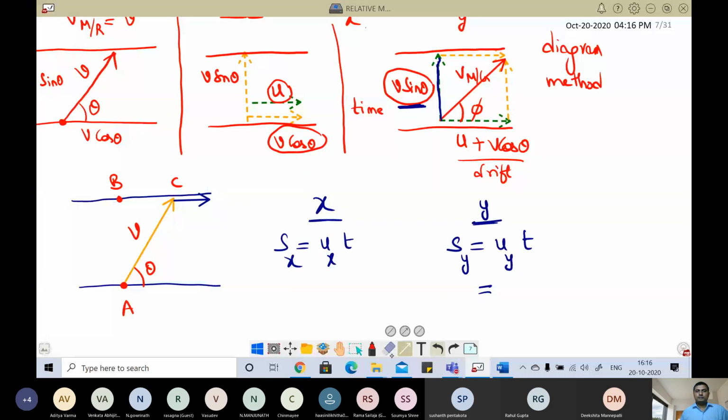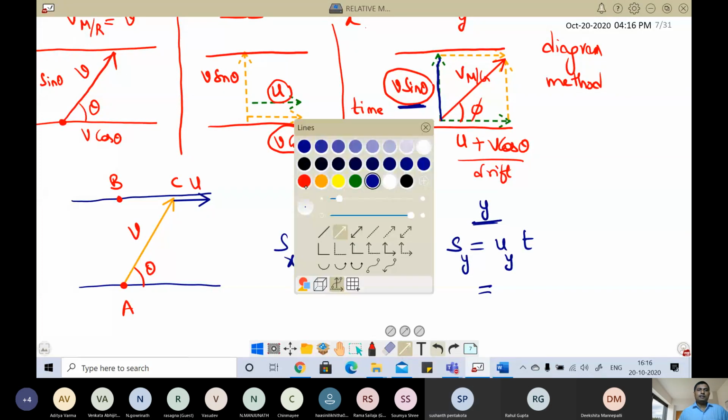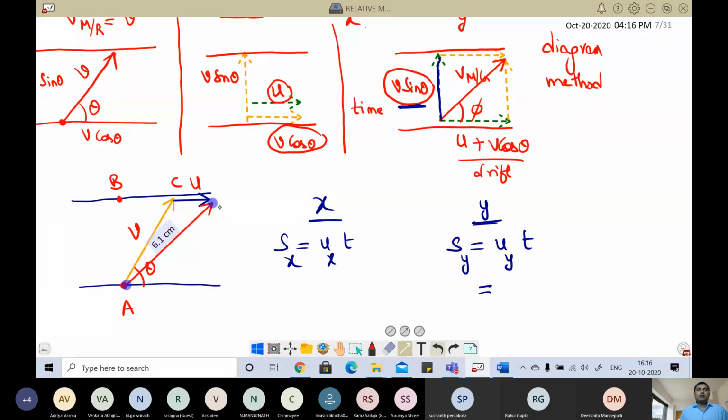This is the river flow, that is called as U. Now finally he will reach some point D, where this one. So this is called as the velocity of man with respect to ground. He will reach point D, not point C. So the angle made by this one with the river flow is called as phi.